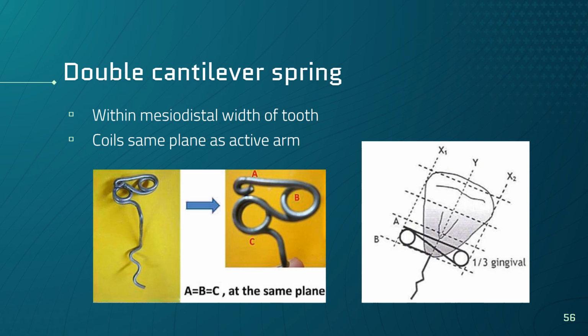Okay, now a few design pointers. The width of the double cantilever spring must be within the mesiodistal width of the tooth, and the coils should all be in the same plane as the active arm.